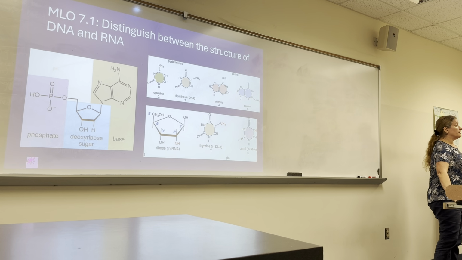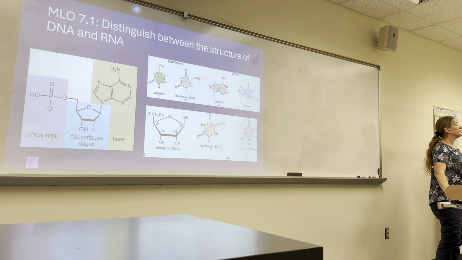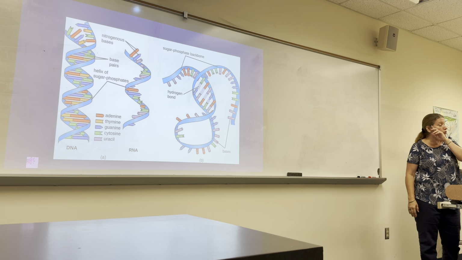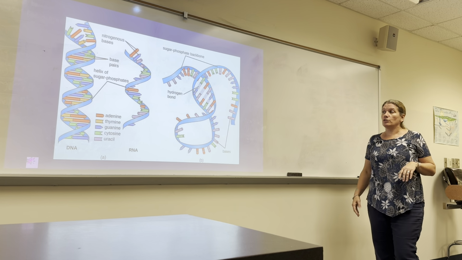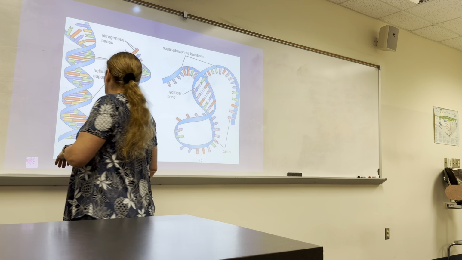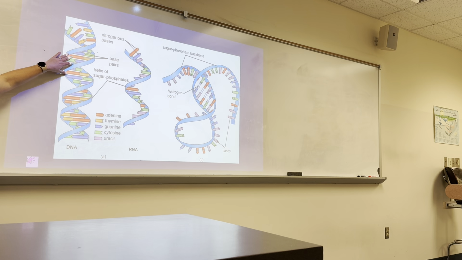Now these nucleotides will link together, give me 1 second, make sure I didn't link it yet. Link together, of course, to give us our polymers, the nucleic acids. And there is a difference between the two. DNA in the cell is found as double-stranded, okay?